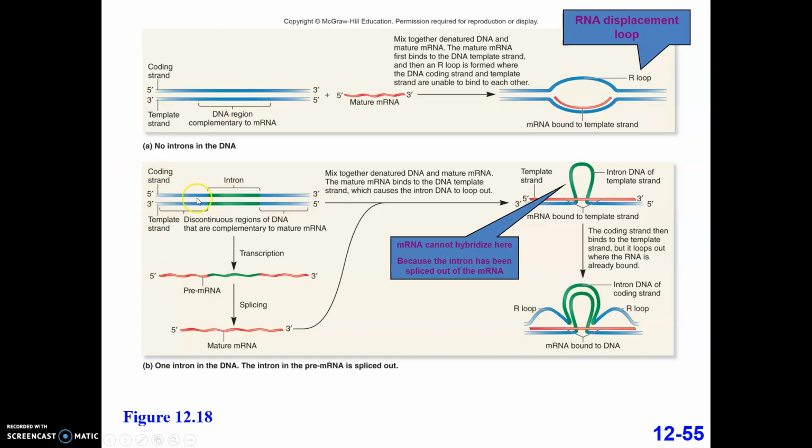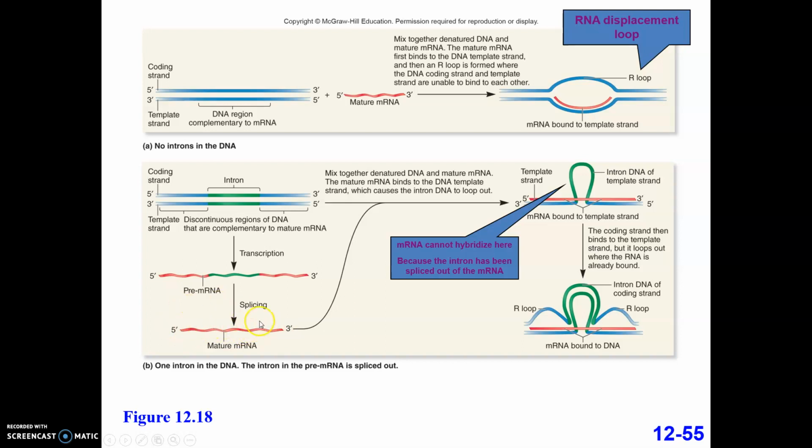It has some exons and then an intron and another exon. It would make a transcript. This is what the transcript would look like. This is the pre-messenger RNA. It has the intron included in it. Afterwards, this is spliced and the intron is removed, and now you have this mature messenger RNA.